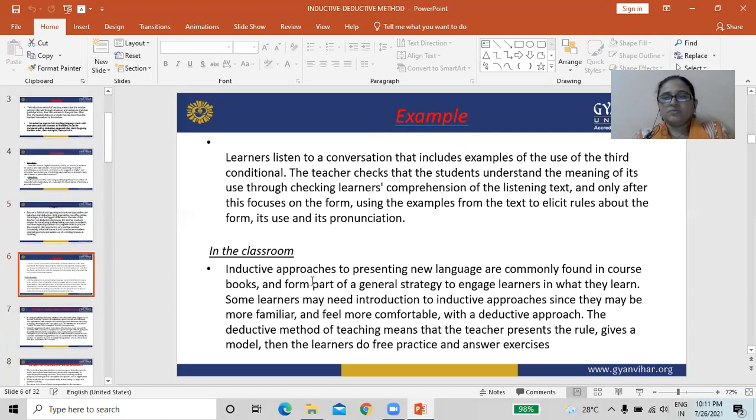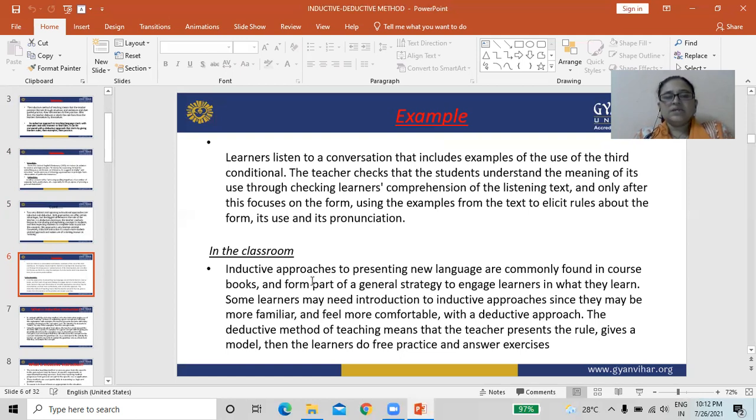Example of inductive deductive method: learners listen to a conversation that includes examples of the use of the third conditional.